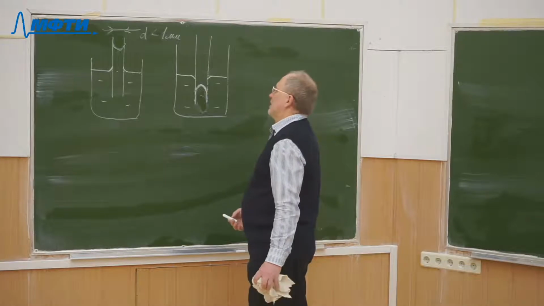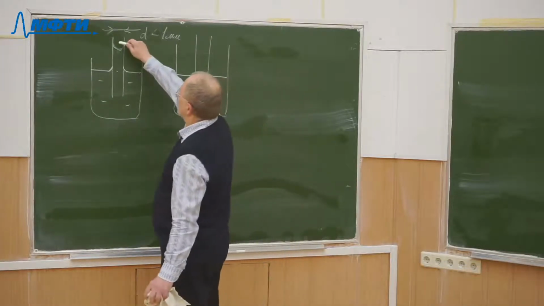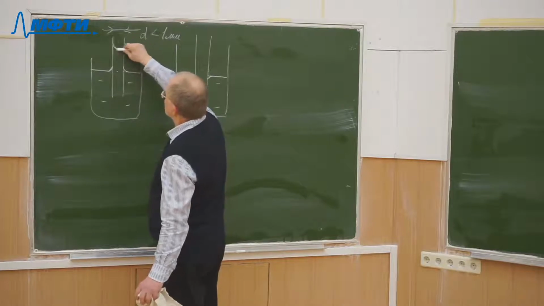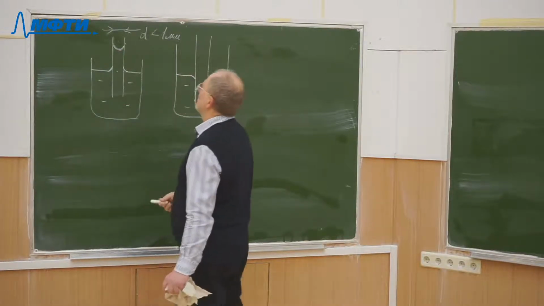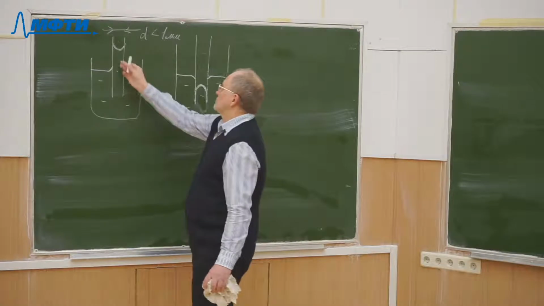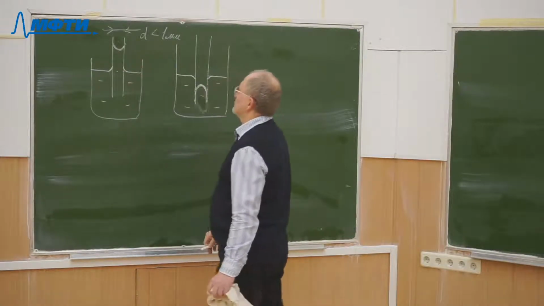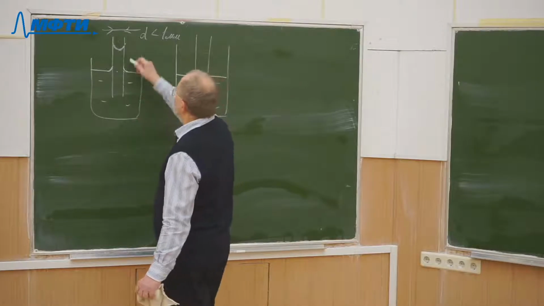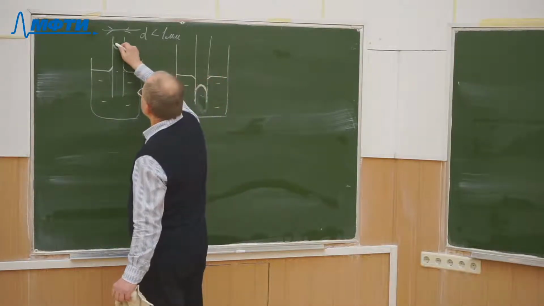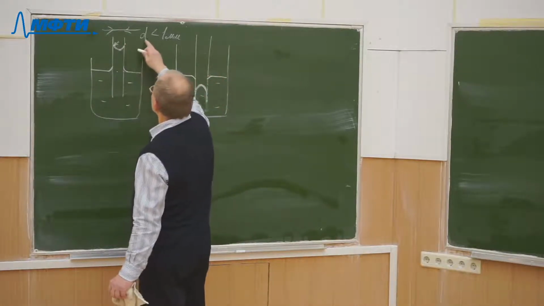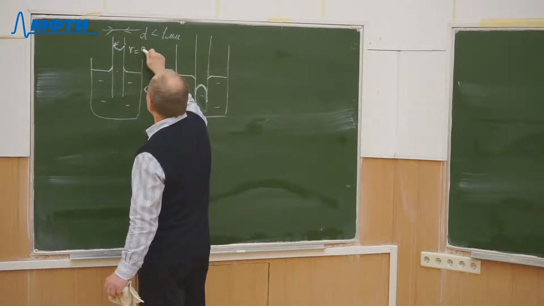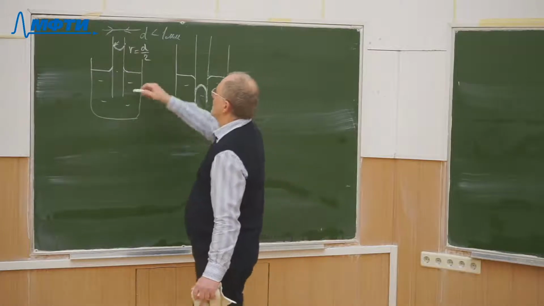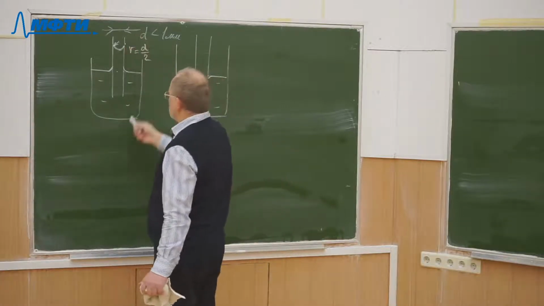So we know what the difference of pressures is if we have a surface of liquid which is not flat but has a spherical shape. If this radius is known, that is, the radius will be half the diameter of the capillary tube, then the pressure difference is known.